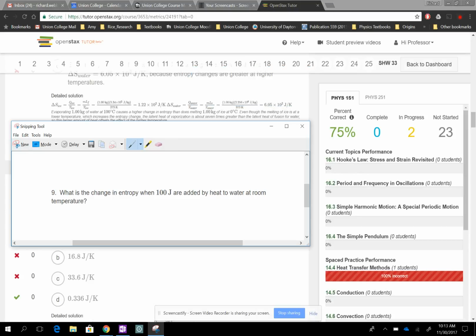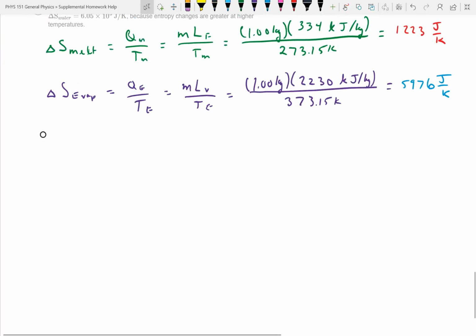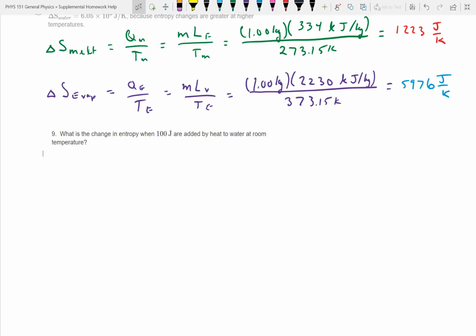Well, it's different for each person, if more than one person does them. I was telling Nice that there was at least one question on the test that she was the only one who had done. Okay. What is the change in entropy when 100 joules are added by heat to water at room temperature?